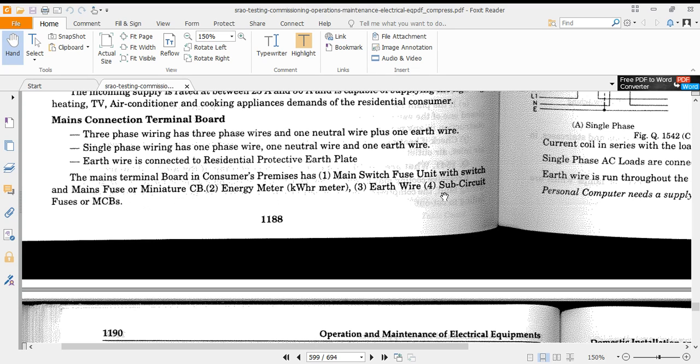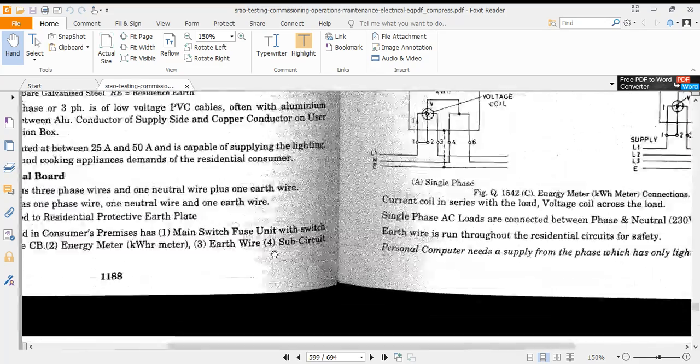Small residential houses may not have sub-circuits. Otherwise, in an apartment, we have sub-circuit MCBs also, so that I can operate only the particular MCB and power can be cut for that particular flat, for that particular house in a residential complex.